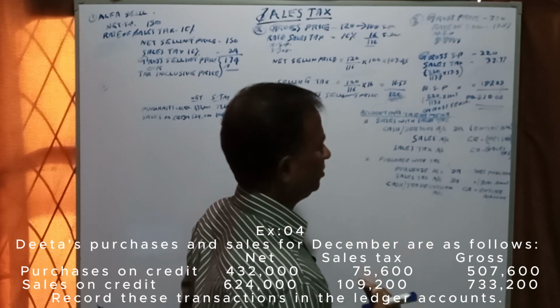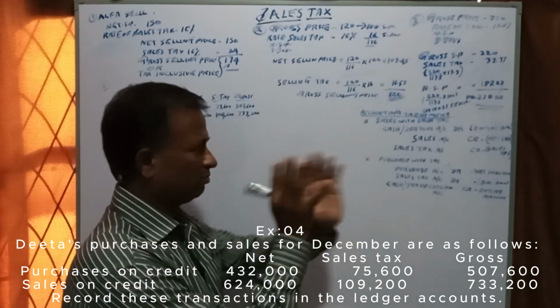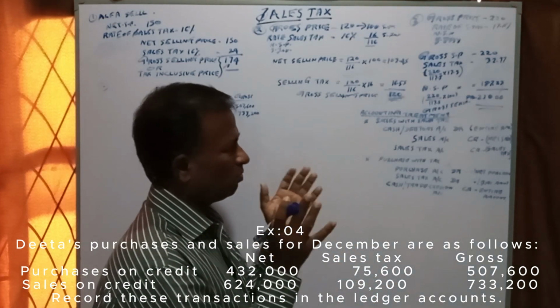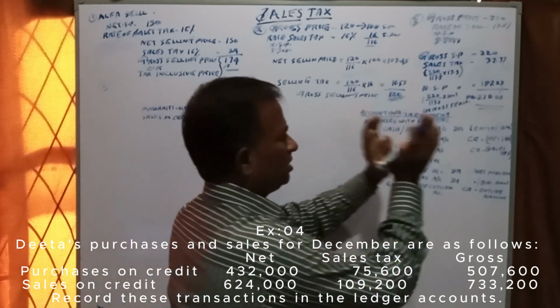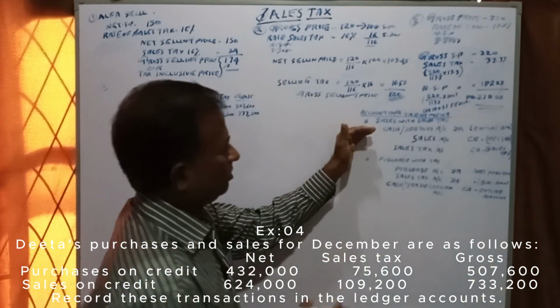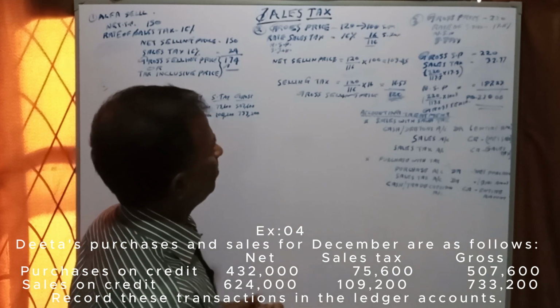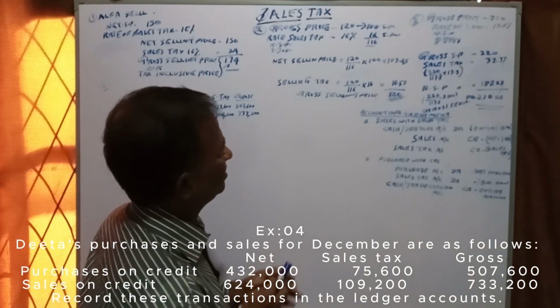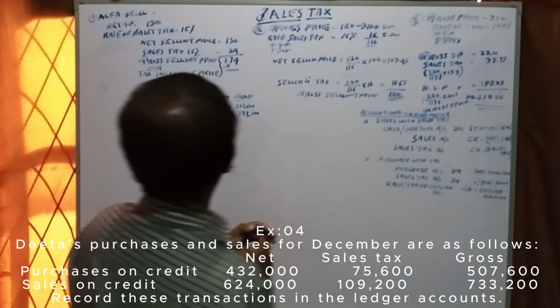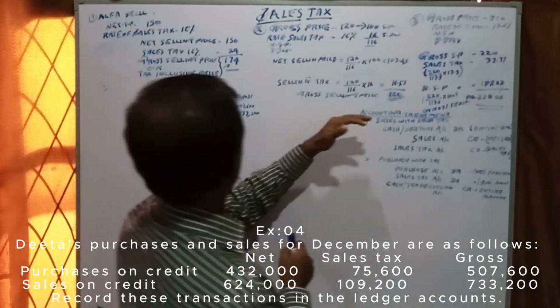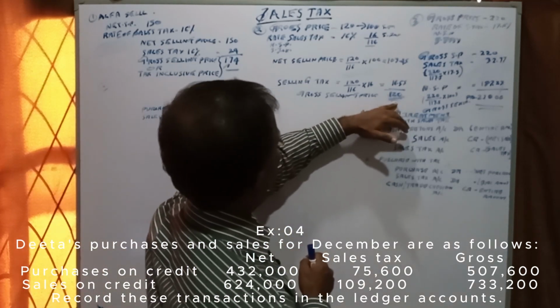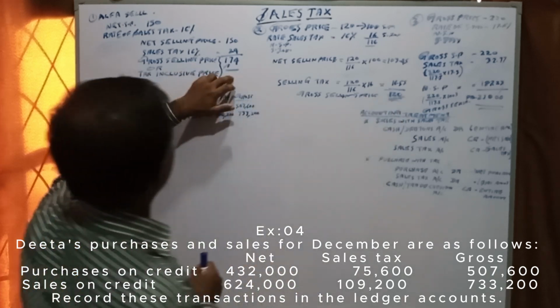Then cash or debtors account will be debited. The whole sales amount has to be debited to the cash or debtors account. That means the whole selling price, here they are saying the whole selling price 174.